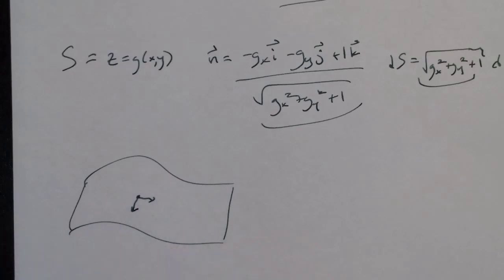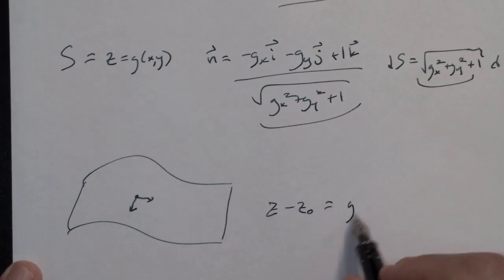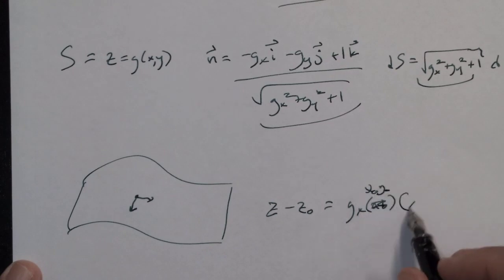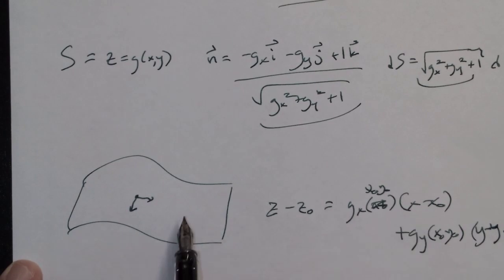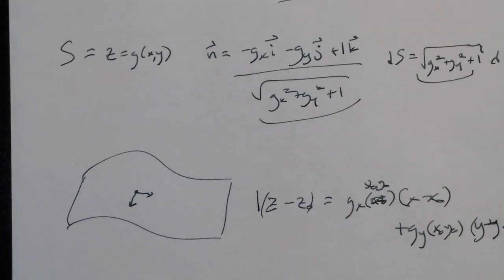So if I make the little tangent plane, it's Z minus Z0 equals GX at the point X0, Y0, times X minus X0, plus GY at X0, Y0, times Y minus Y0. But then I move all of that over to the other side. So the GX is negative and the GY is negative, and this has a coefficient of +1. So the vector has minus GX in the i direction, minus GY in the j direction, plus 1 k.